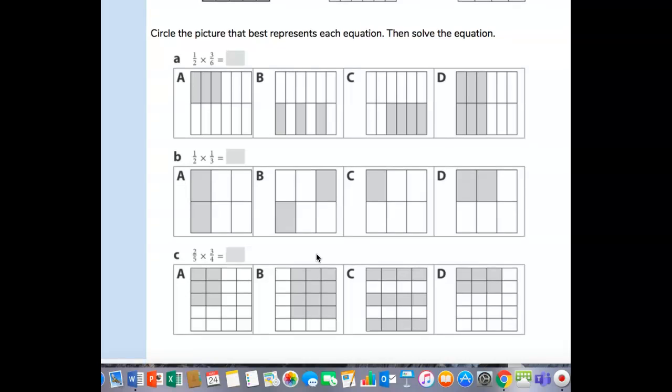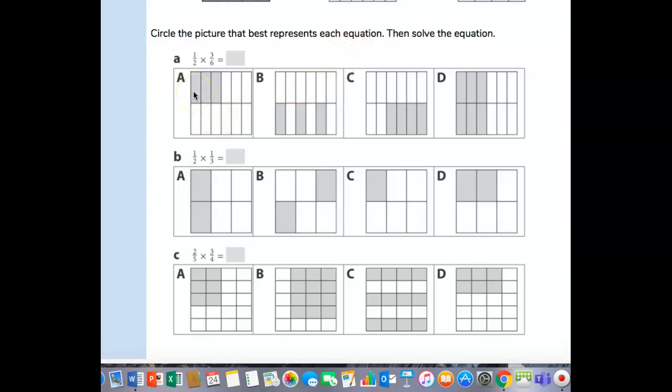All right, this says circle the picture that best represents each equation. Oh, I see. Okay, so you can have more than one.